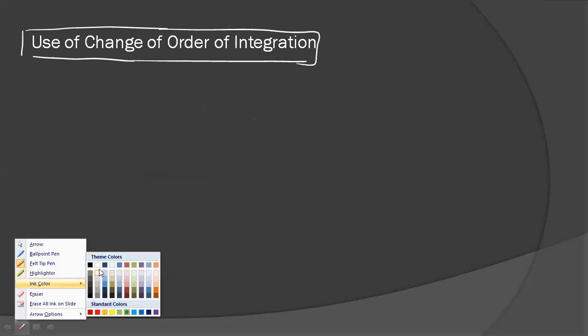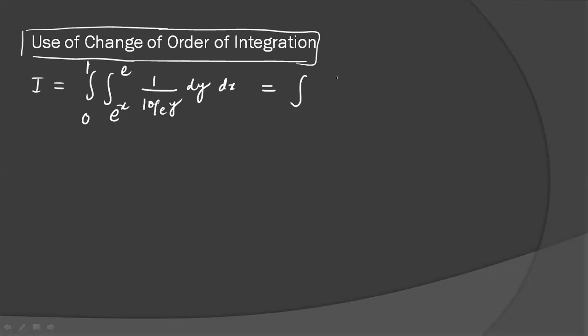Suppose you have a problem. Double integration, 0 to 1, e to the power x to e, 1 over log y dy dx. If you see carefully, can anyone identify the limits of y and x?